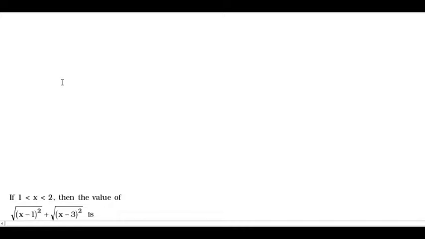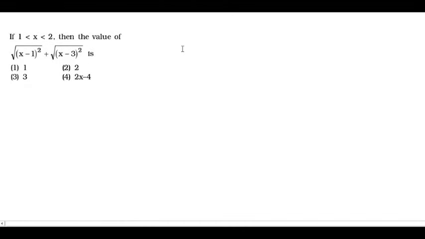Going to the next question. If the value of x lies between 1 and 2, then what is the value of root of x minus 1 whole square and x minus 3 whole square? So we just need to figure out whether the number is going to be positive or negative when we are calculating the roots. So x anyway he said it will be more than 1, right? So here if x is more than 1, the result should be positive only.